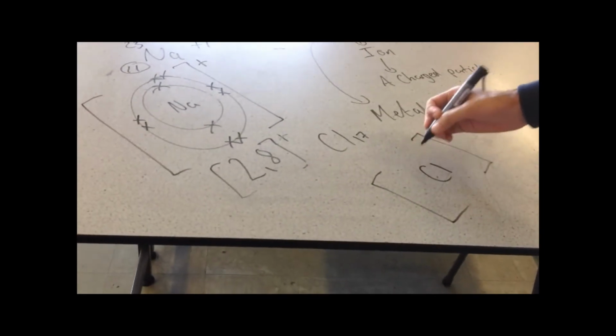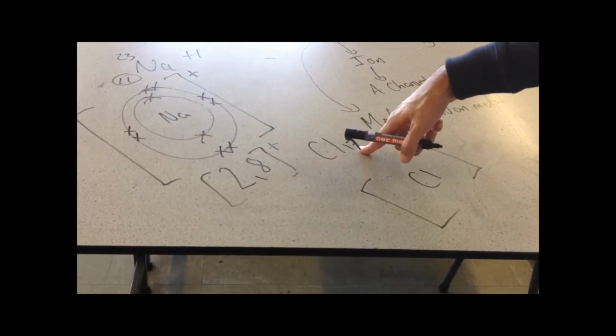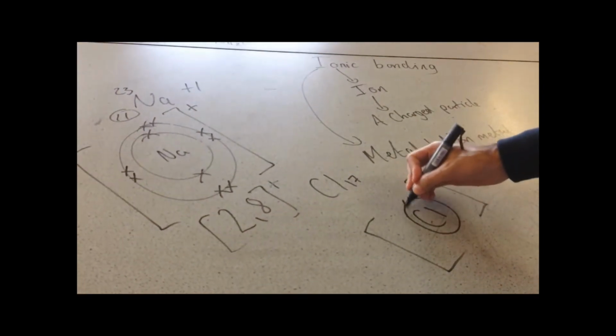Okay, dots. So what's the electron configuration for chlorine? It's 17. But remember, sodium has given 1 electron to chlorine. So that should make it 18 altogether.